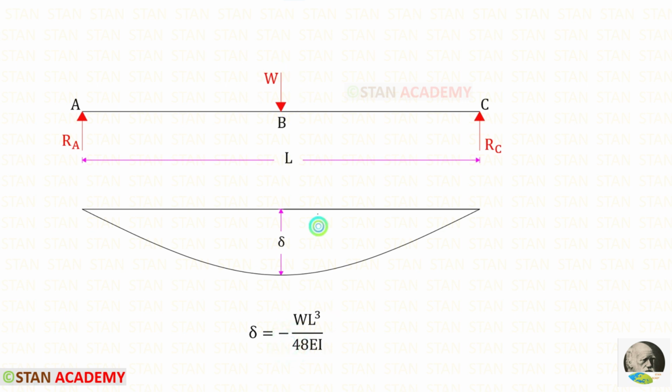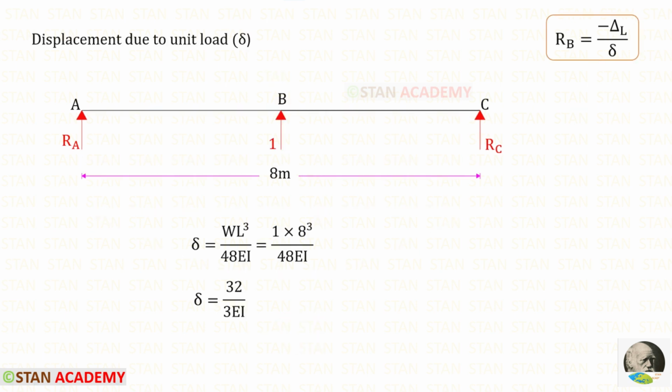Since the deflection occurs downwards, the formula should be applied as negative. Here there is a difference. The load is acting upwards, so the deflection will be upwards. In this case, we have to apply the formula as positive. Here W is 1 and L is 8. For delta, we will get 32 upon 3EI.